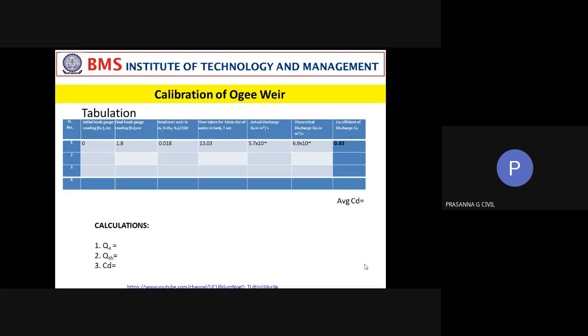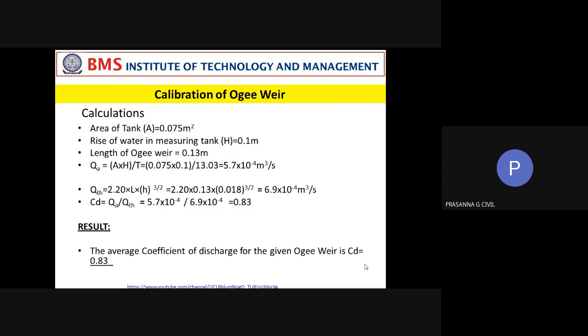So we can repeat the trials with various openings of the discharge valve, like 1/4, half, 3/4, and full discharge, and so we will get 4 different values of CD, and the average CD can be calculated. The calculations are shown here.